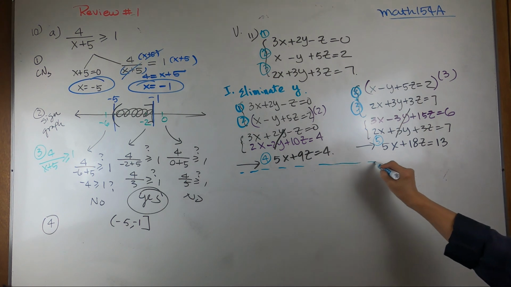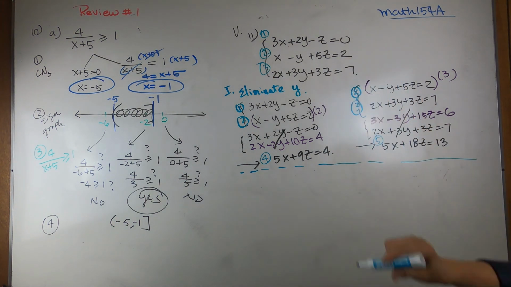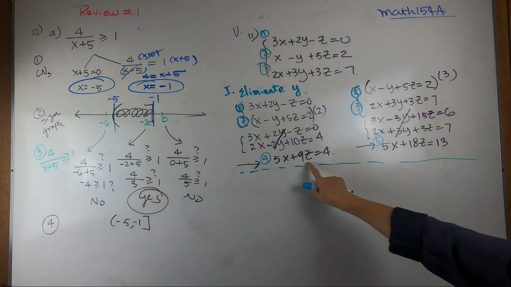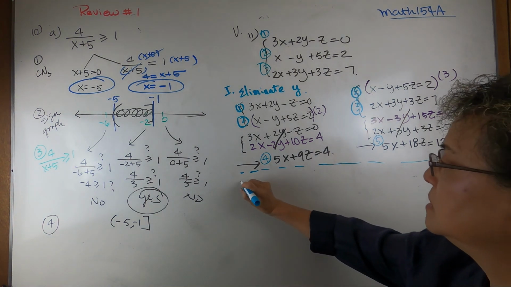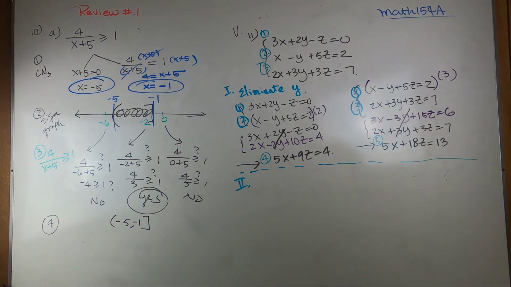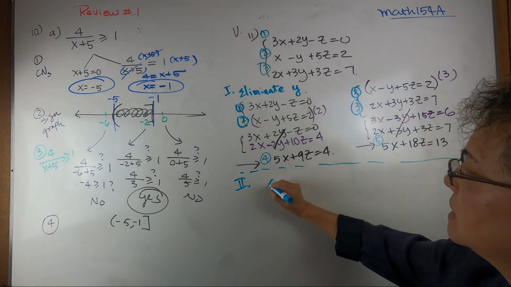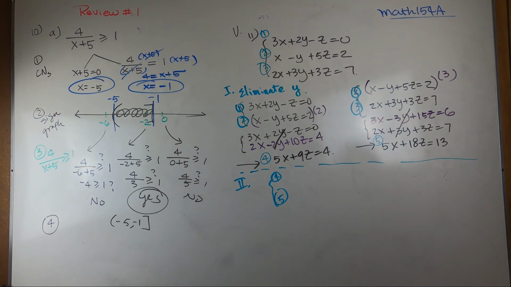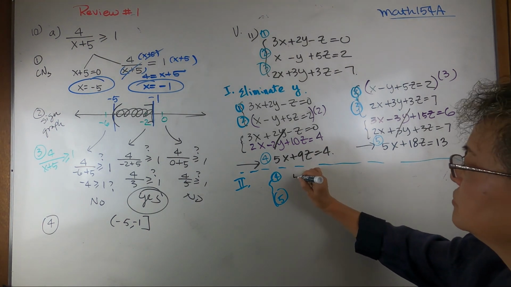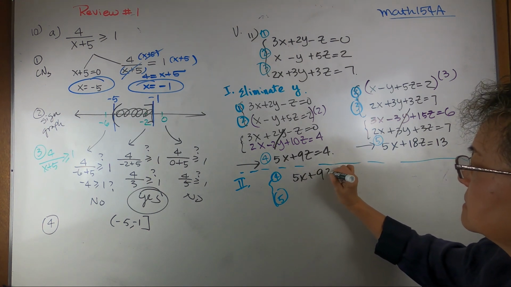So I reduced from 3 variables, 3 equations, x, y, z, down to 2 equations, x and z. So the second set, I have equations 4 and 5. 2 variables, 2 equations.